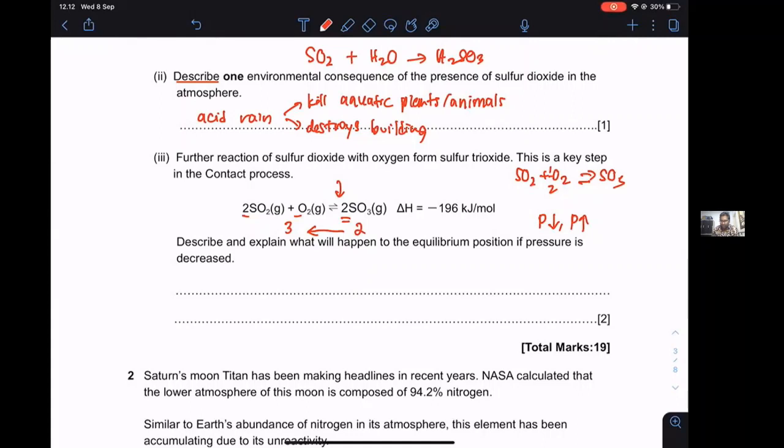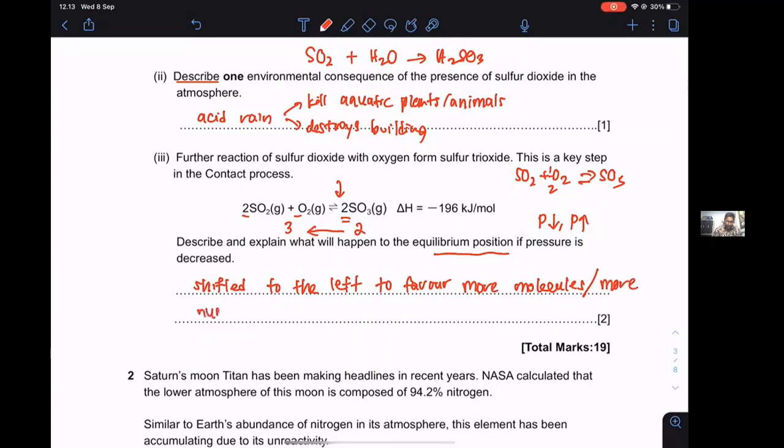So I'm looking into position. You explain, the position is shifted to the left. I have mentioned to you many times that you need to mention it is shifted to the left to favor more molecules, or to favor more number of moles.